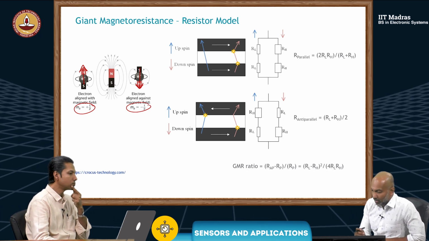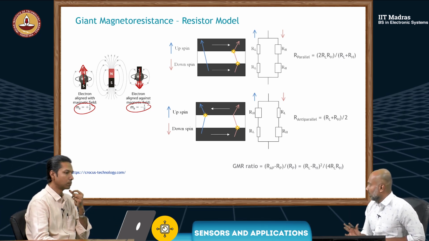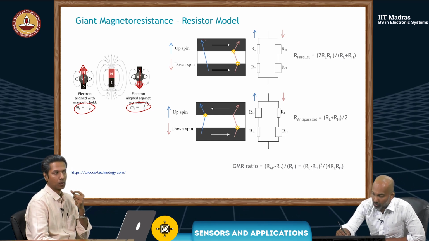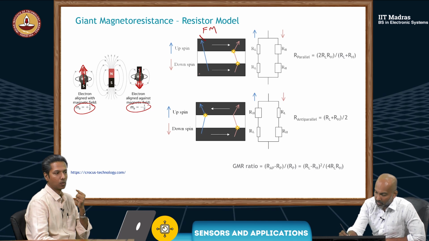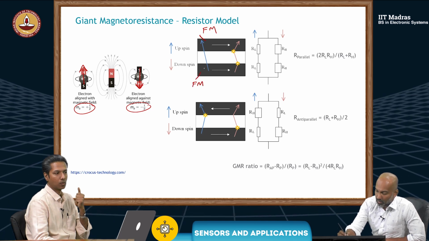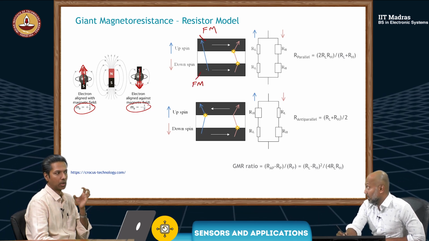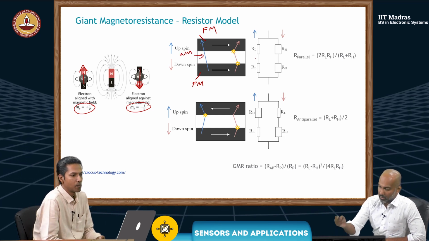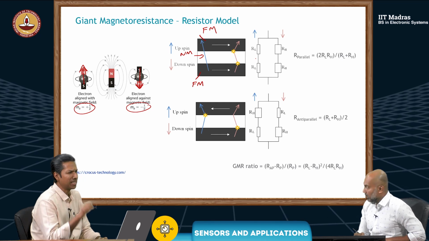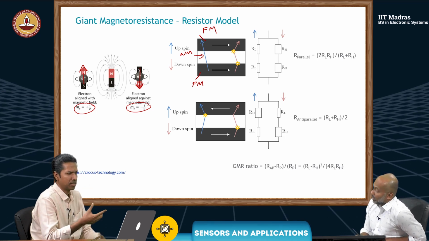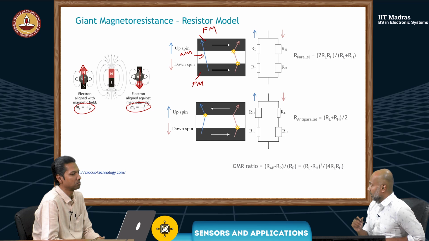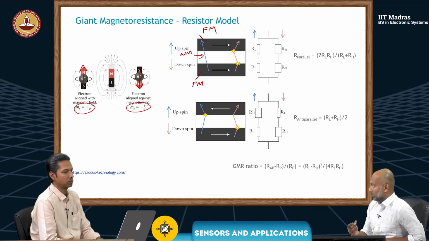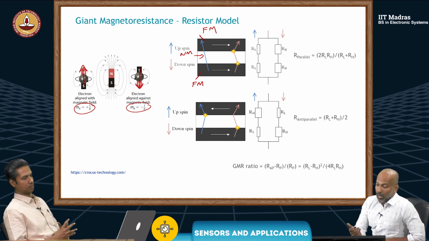Before, we said a very basic GMR stack consists of two ferromagnetic layers separated by a non-magnetic conductive layer. And you mentioned these are very thin layers. Yes, these are nanometer-thick layers, and they must be carefully controlled to get the GMR effect.